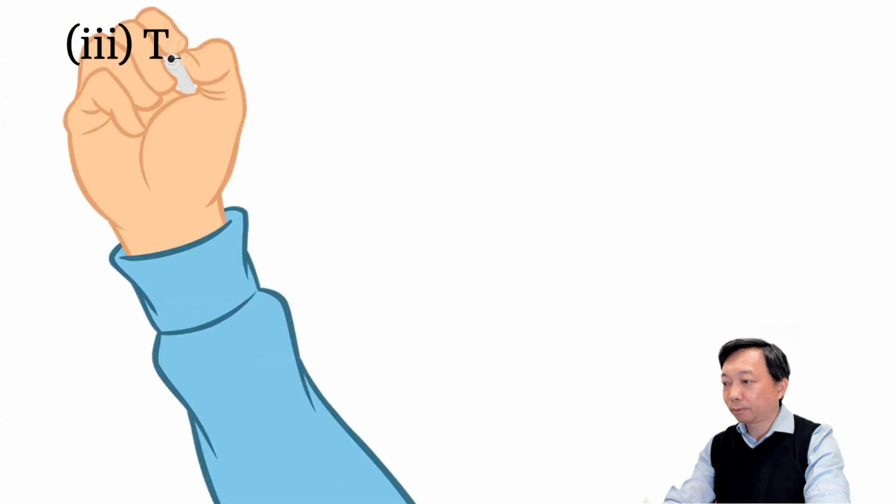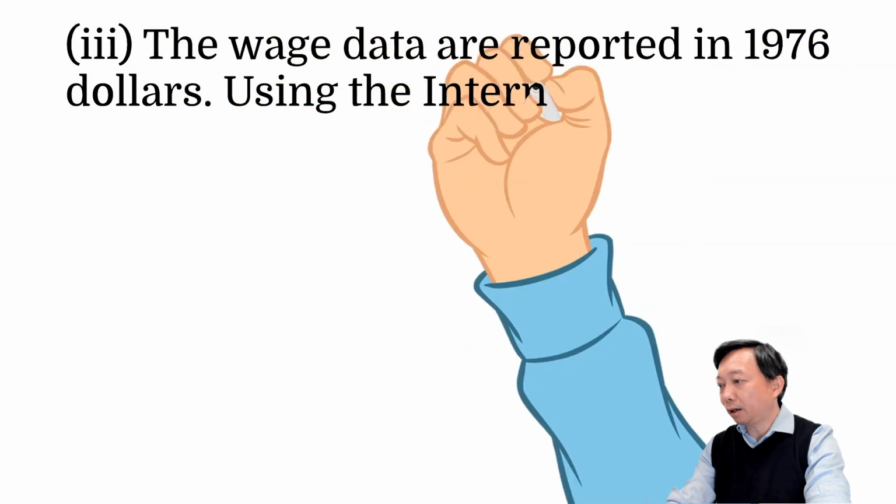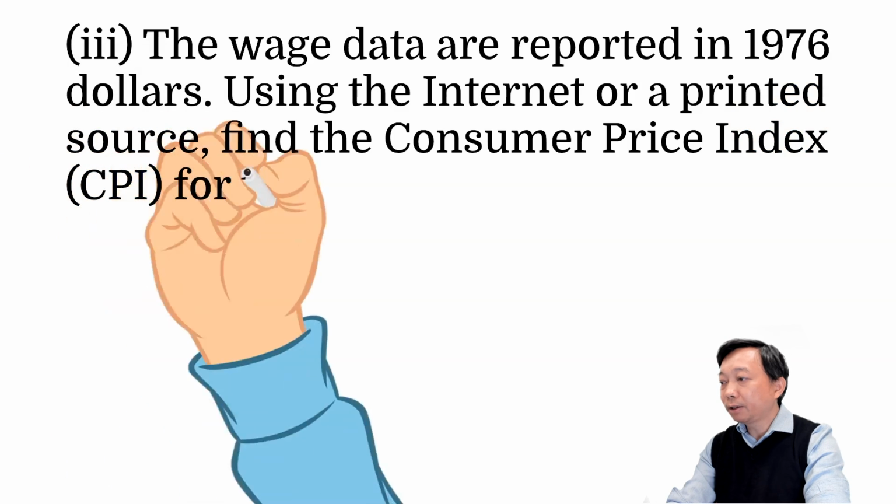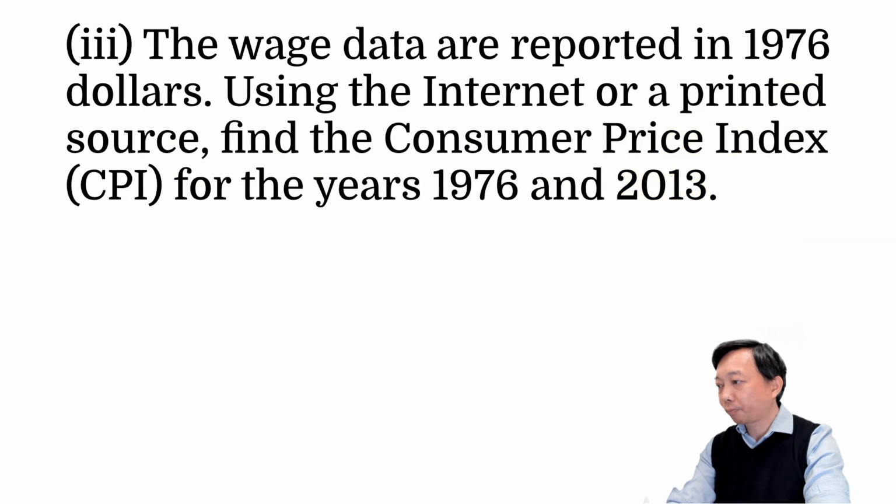The third question. The wage data are reported in 1976 dollars. Using the internet or a printed source, find the Consumer Price Index (CPI) for the years 1976 and 2013.